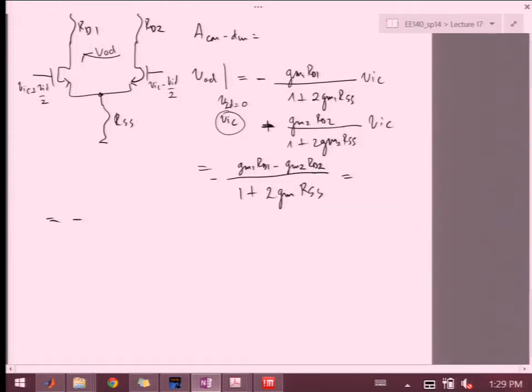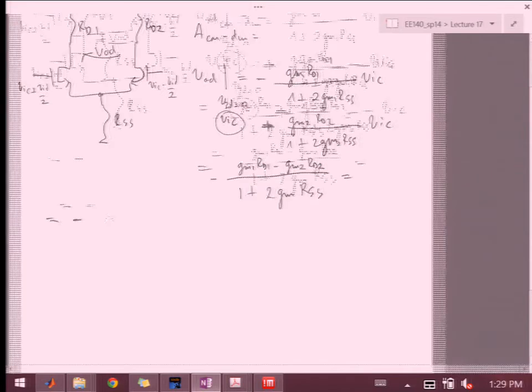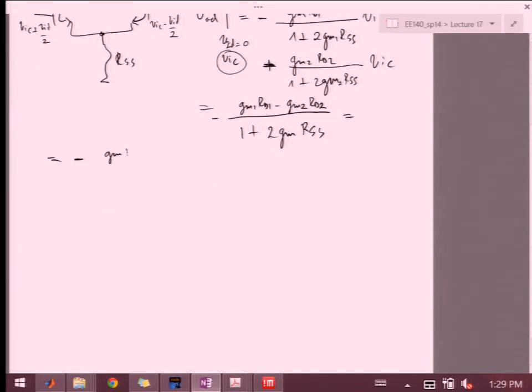So now what I have is GM plus delta GM times R plus delta R. So that's on one side.